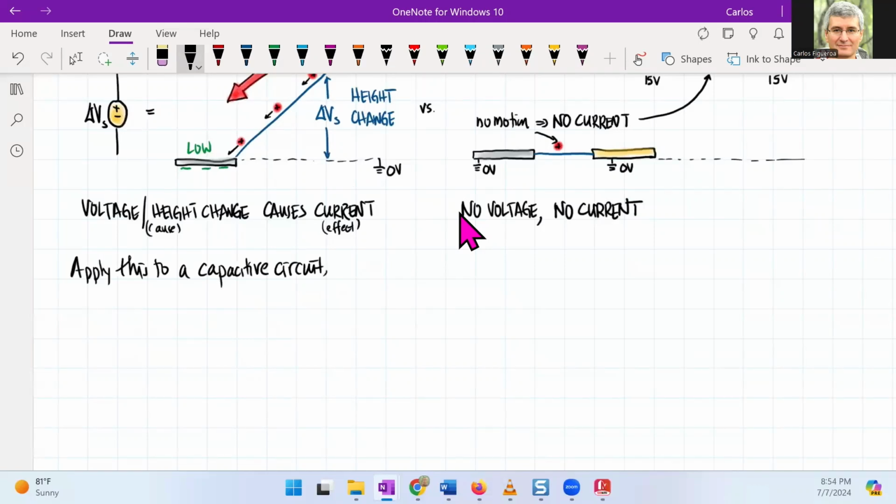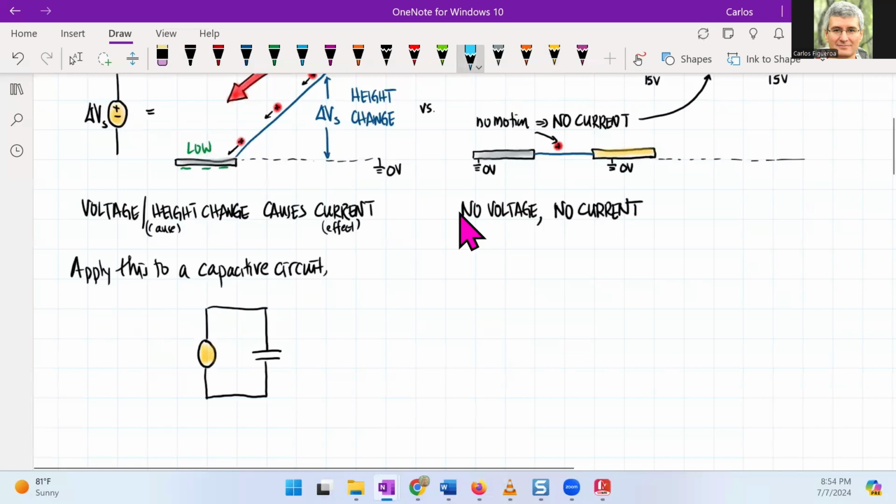So if I have a battery here, and it is now connected to a capacitor, what we're seeing here is that I have a source voltage that sets up the incline. Here's a capacitor.